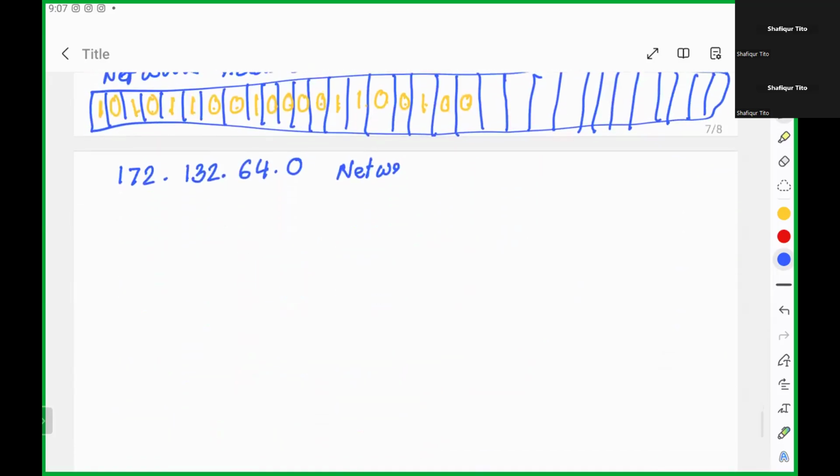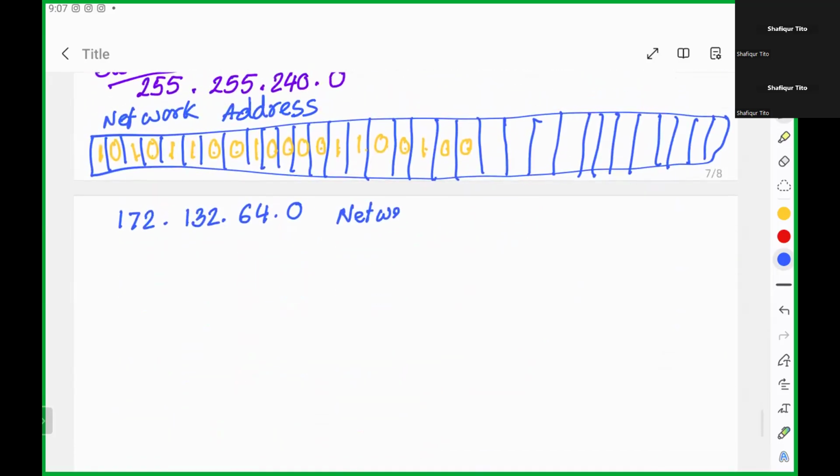Okay, now the next part I need to find out is how many network IDs or host IDs I can use. The number of allowed host IDs would be equal to 2 to the power 12 minus 2.